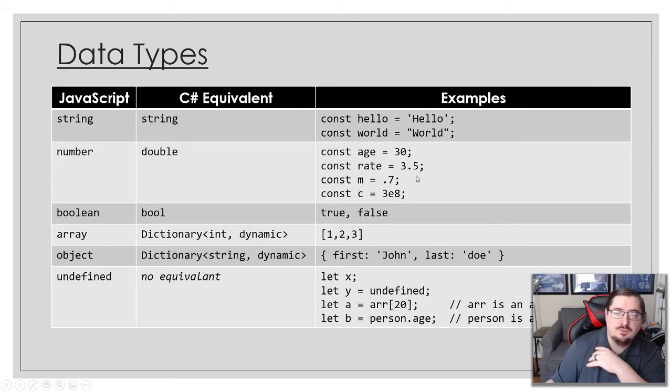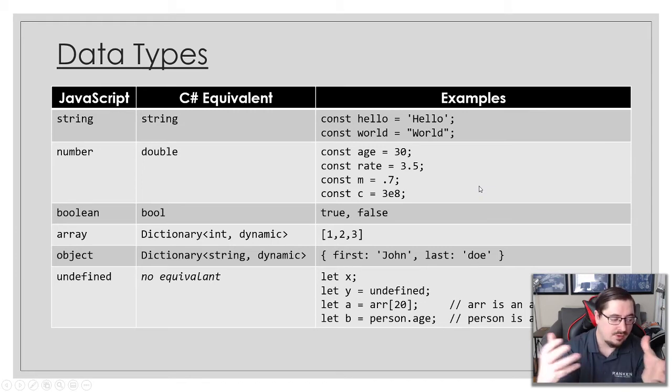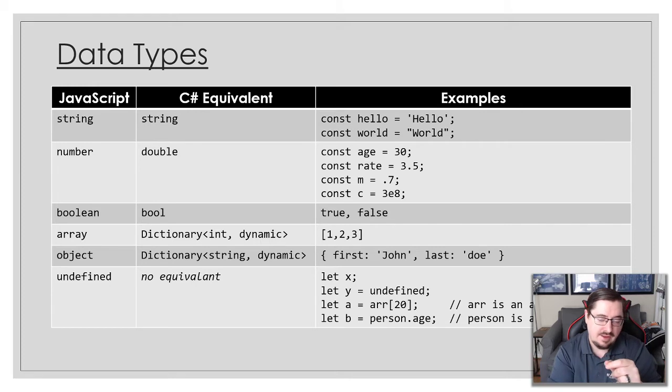So if I want to declare numbers, I could say maybe the age is 30, rate is 3.5, m is 0.7, or I could say the speed of light, which is c, is 3e8. This is an interesting sort of notation because it's shorthand for scientific notation. So that's 3 times 10 to the 8th.